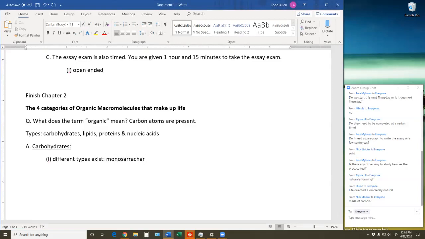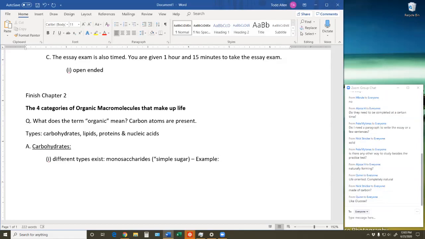There are monosaccharides. When you say monosaccharide, that's the same thing as saying simple sugar. A monosaccharide is a simple sugar. A simple sugar is as simple as a carbohydrate can actually be. An example of a simple sugar would in fact be glucose.